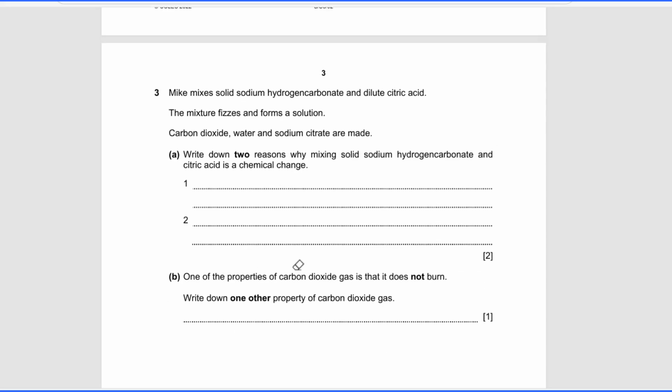One of the properties of carbon dioxide gas is that it does not burn. Write down one other property of carbon dioxide gas. 10 seconds. Are you done, guys? If not, you may pause this video. Let's check out the answer.